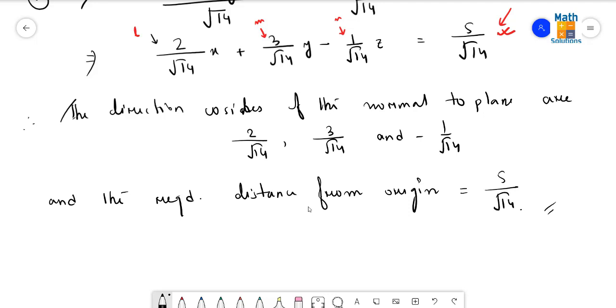So this is the answer. So using a similar method, the remaining sums of this question can be found out.